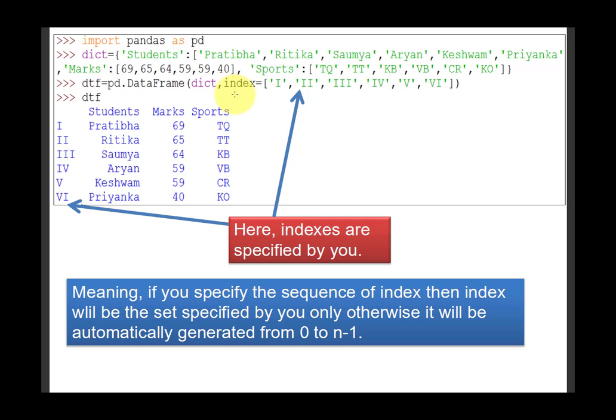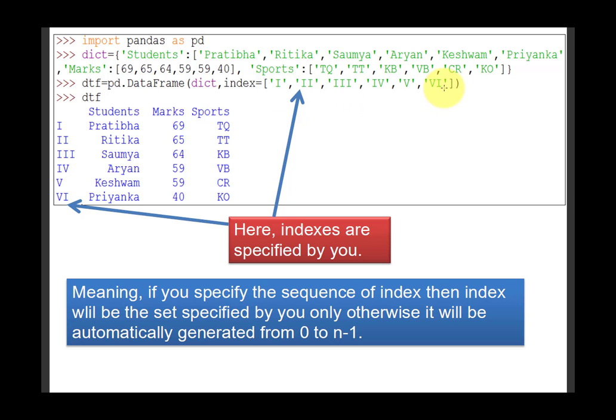And now I will specify the index value. Here I specify the index parameter, idx. So this is representing the index. First you write index equal, in Roman form. Here I am assigning my index in Roman letters.